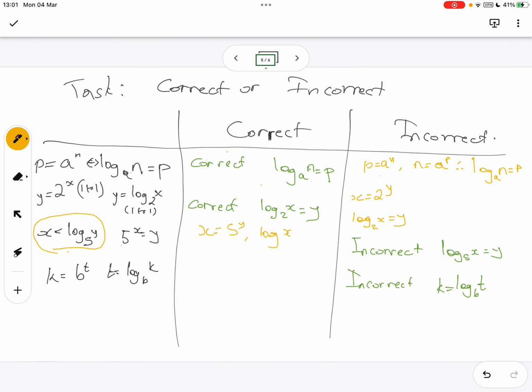Log n base a equals p. Swap y and x, so x equals 5 to power y, and take the log of x base 5 equals y, and swap t and k. Take the log, and it becomes log what?